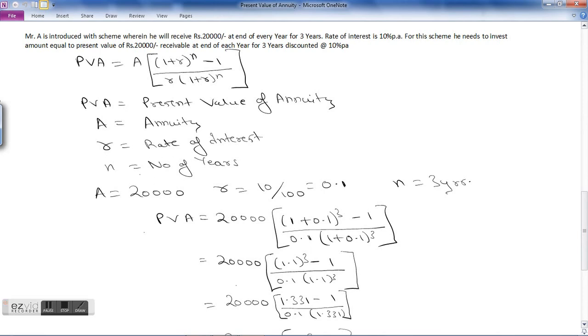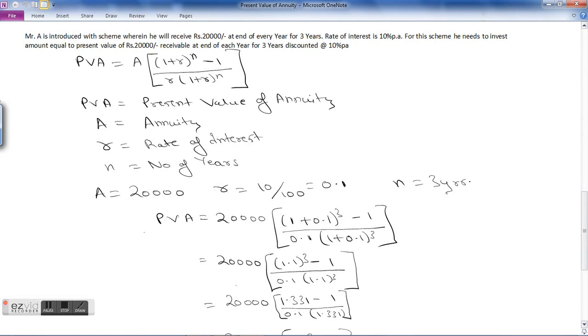In the given example, A is 20,000, r is 10% per annum, so 10 divided by 100, that is 0.1, and n is 3 years.